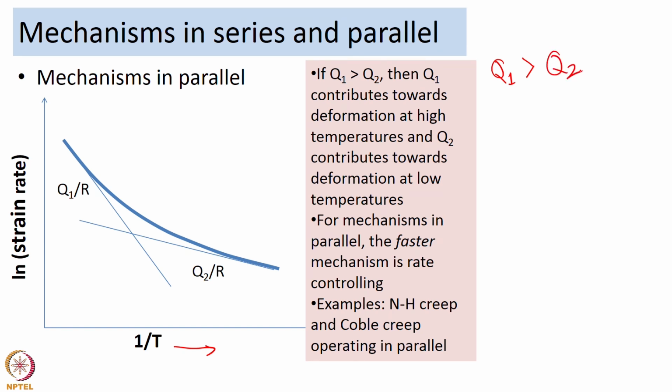Then what you will observe is that at very high temperatures, the contribution of mechanism 1 towards the deformation is going to be larger than that of mechanism 2. Therefore, at high temperatures, the activation energy of deformation will be close to Q1. Similarly, at very low temperatures, the contribution of mechanism 1 is going to be small and mechanism 2 is going to dominate. So, the activation energy of deformation at very low temperatures will be close to Q2.